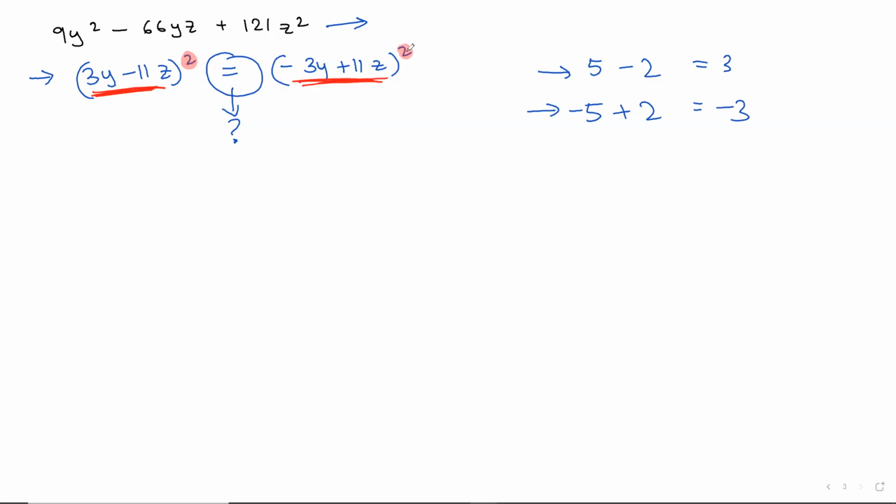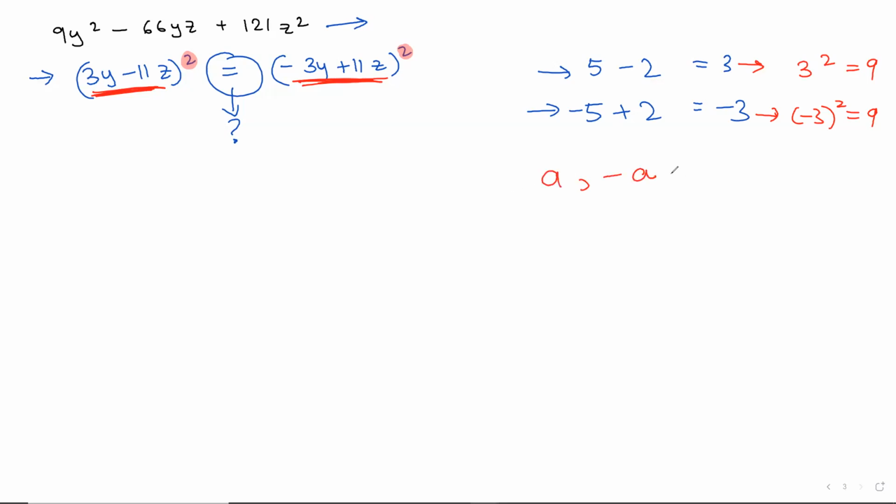You know why? Because if you do 3 square, that is 9. And if you do minus 3 square, that is also 9. So two numbers which are the additive inverses of each other, like a and minus a, are definitely not the same.